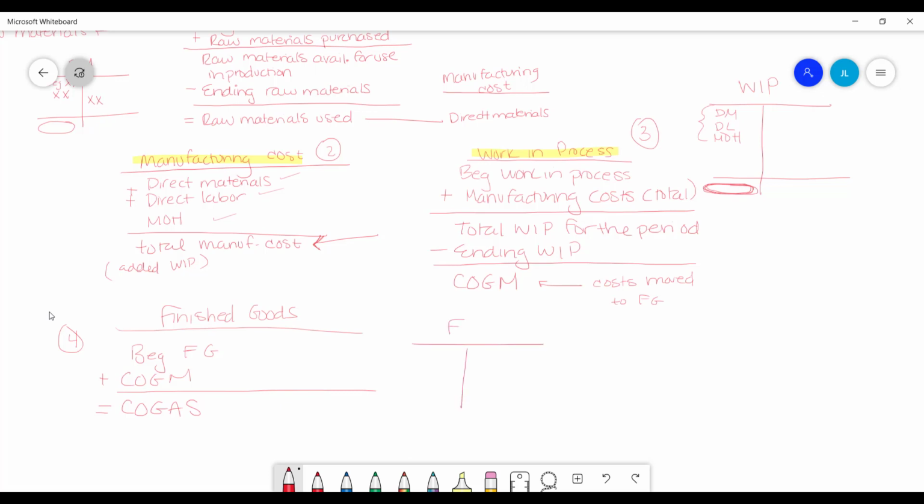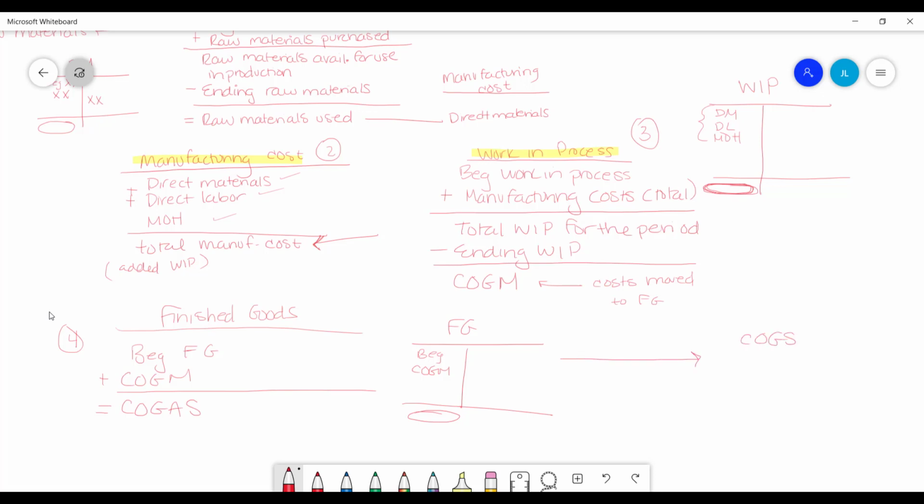And same thing with the finished goods. I have my beginning balance and then cost of goods manufactured added in as a debit, right? But then when we look at what's left, what's going to cause that finished goods to fall? We'd have to sell units, right? And for every unit that is sold and moved out of finished goods, where does it go?